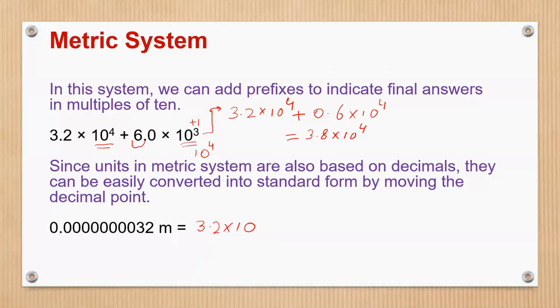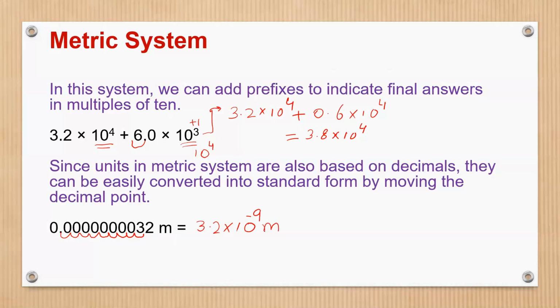So I'm going to see how many spaces there are now. 1, 2, 3, 4, 5, 6, 7, 8, and 9. So simply, I can say -9. Why? When we move to the right, it's a minus, according to the rule I have mentioned. If that's a meter, I can say meter.